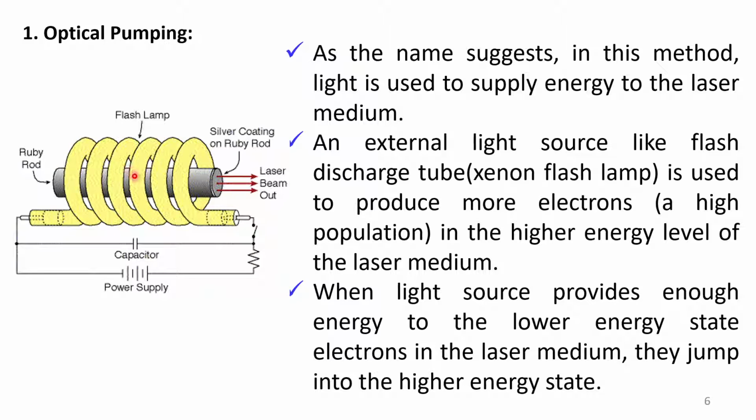Around this ruby rod is a spiral tube, which is known as a flash tube. An external light source, such as a flash discharge, is used to produce more electrons in the higher energy level of the laser medium. With the help of a discharge tube, generally xenon flash lamps are used for optical pumping.